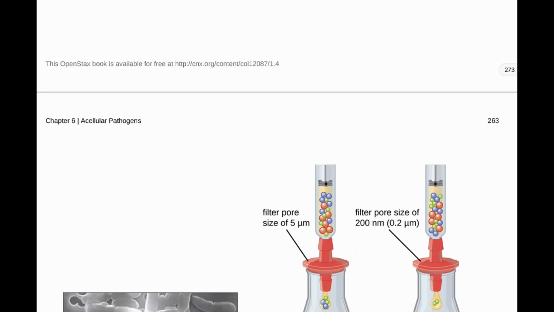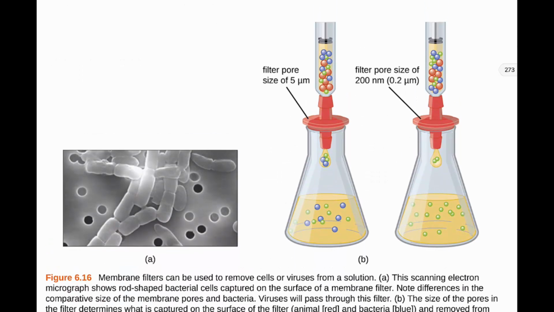So there's actually an image of that right here. We have our solution up here, which, as they showed here, uses red dots to be animal cells, the blue little spheres or circles to be bacteria cells, and the green to be the viruses. So we've got this mixture of animal cells, bacteria cells, and viruses. If we have a filter pore size of 5 micrometers, then we filter out the red, the animal cells, which are much larger than bacteria and viruses.